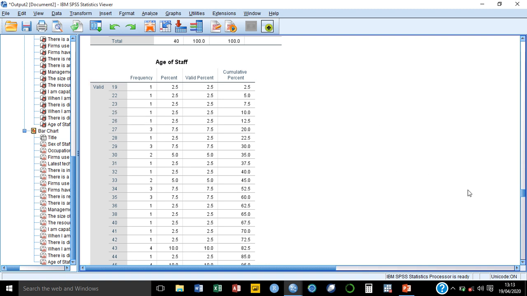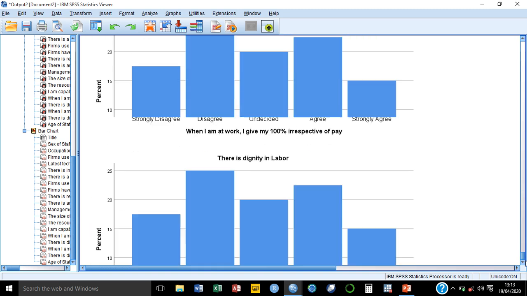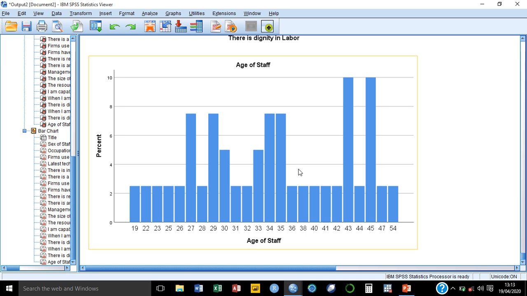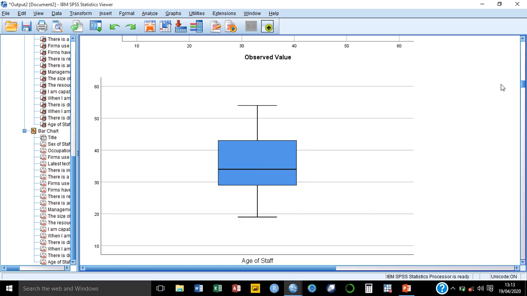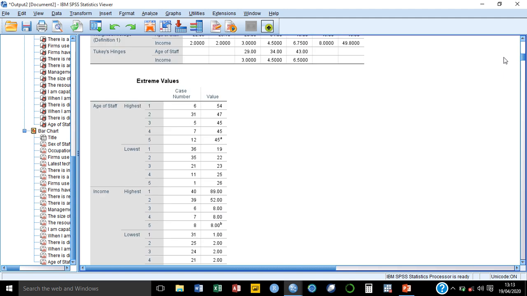So imagine what the graph would look like. You have frequency for 19, most of them are just 1, 1, 1, they have 3, 3, 2, 1, 1, 2. Because they hardly repeat themselves, the charts really don't make sense. So you can only use frequencies for nominal variables.